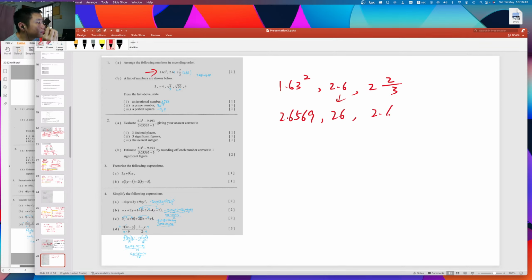Okay, good. So which one is the largest? They want ascending. Ascending means what? Small to big. So the smallest is 2.6. Then next is 1.63 squared. Then this one.